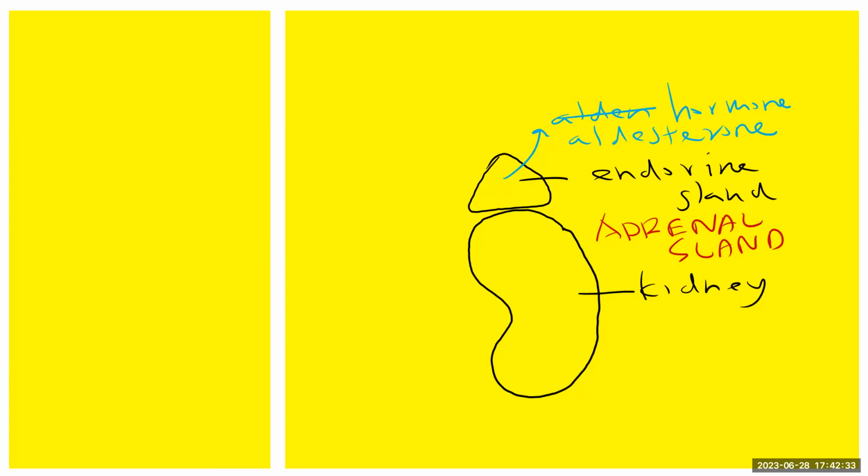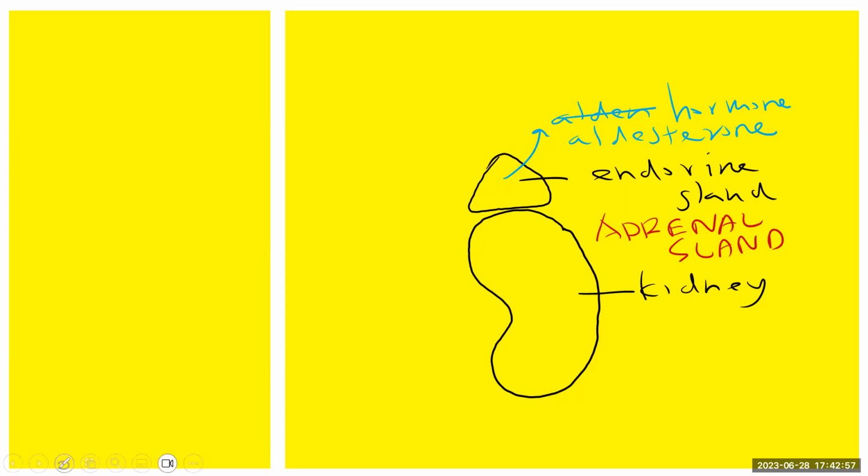You will see later on that this gland also produces another hormone called adrenaline, because we are all aware of adrenaline more or less. The adrenal gland got its name because its main hormone is adrenaline. So it also produces the aldosterone hormone.